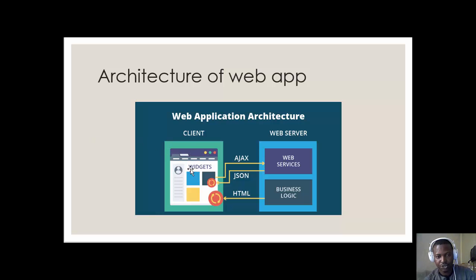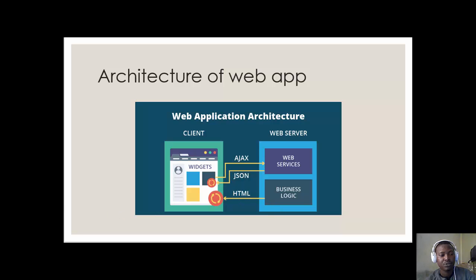So we have it shown to the client through the browser, and we have some technologies to carry your information from the web browser down to the database server, and we also have the business logic part.